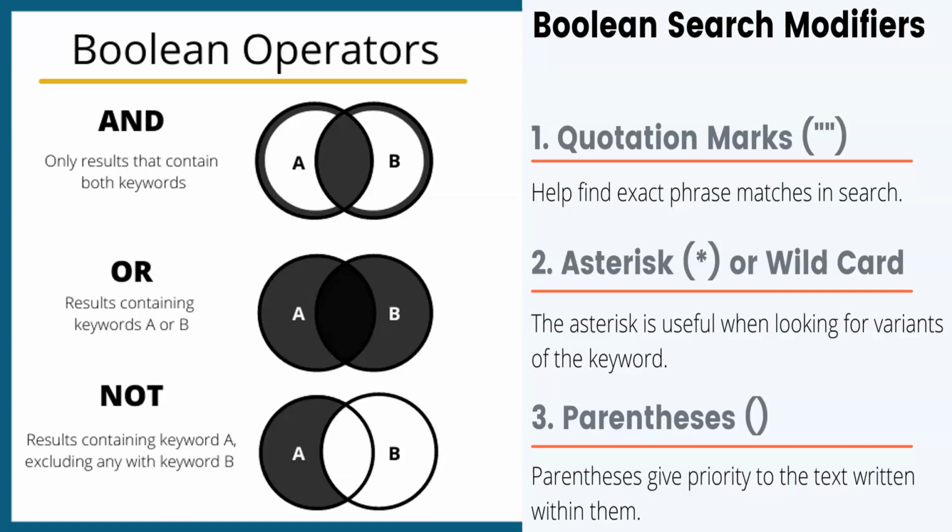If you keep forest management in inverted commas, then only that phrase is considered. Forest management, both words should come together. If only one word comes, it might not find that article. So quotation marks help you identify the phrase in totality. If you have three words and you keep those three words in inverted commas, then all three words should be there.